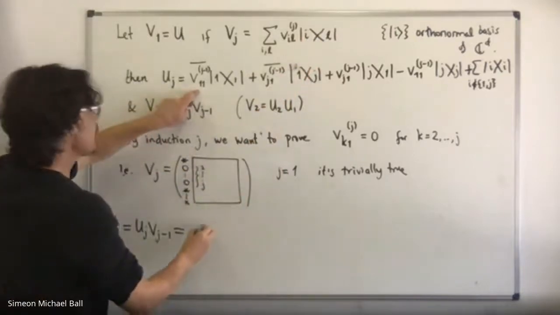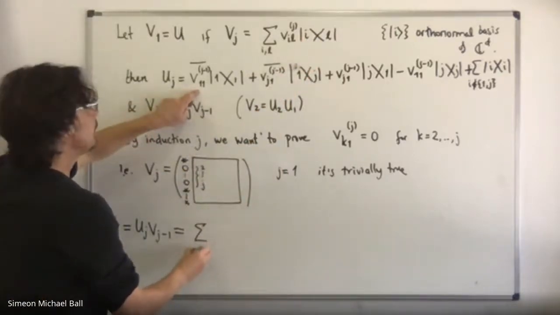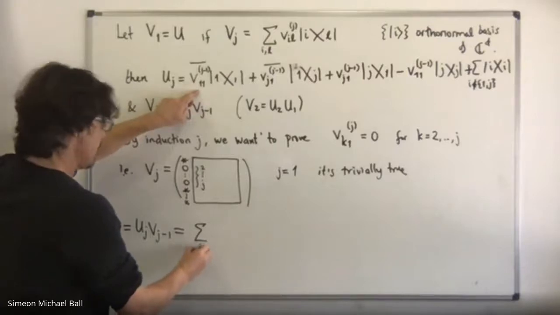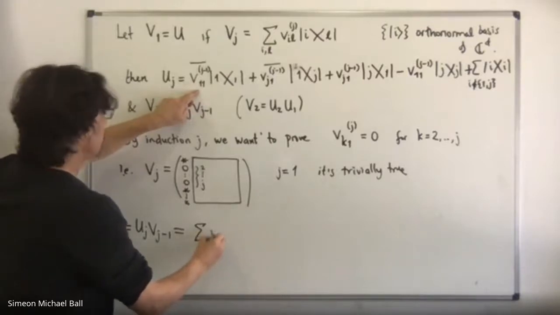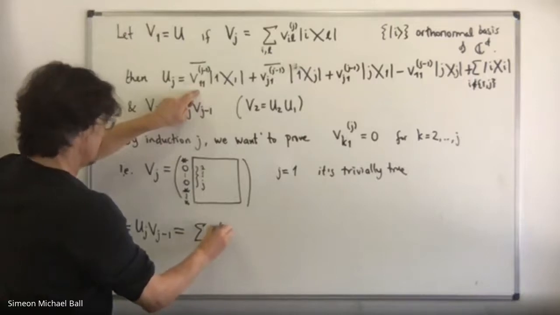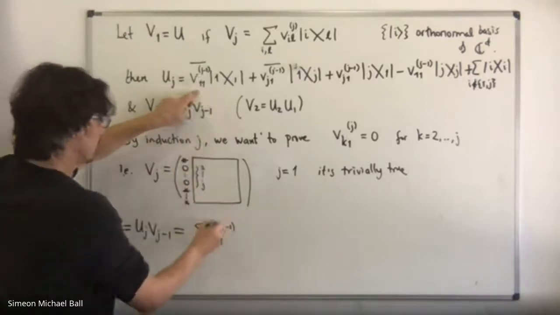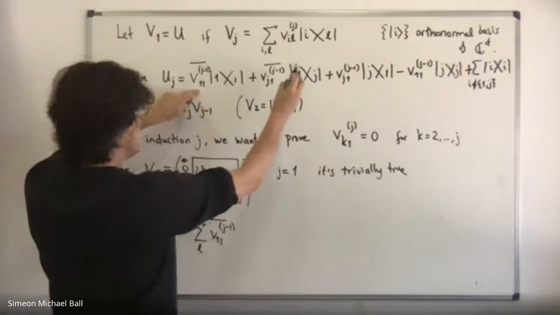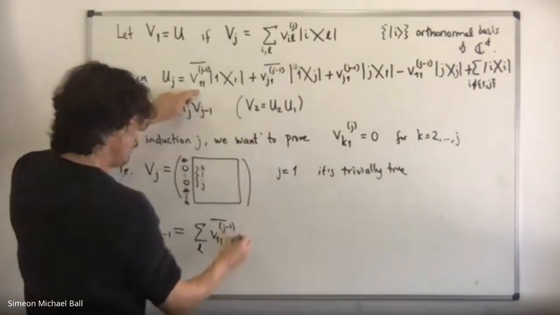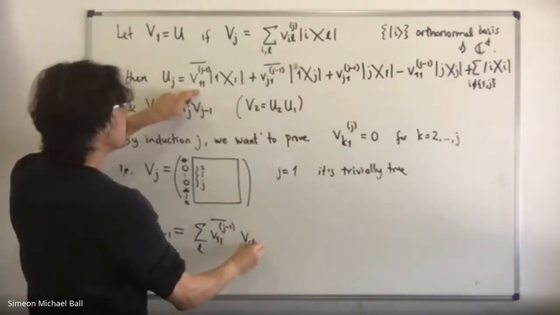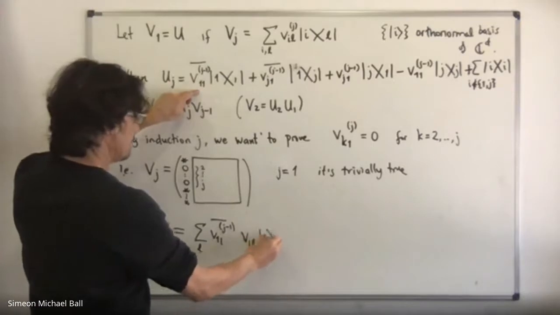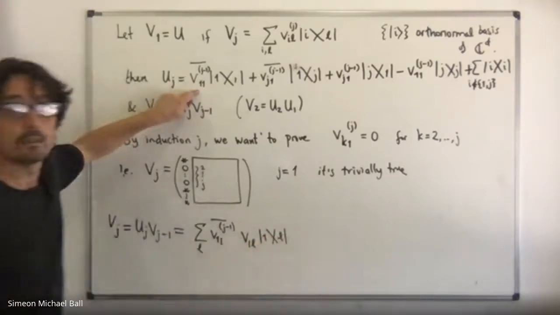So we get the sum over L of V11 J minus 1 conjugated times V1L, and then this is a 1L.